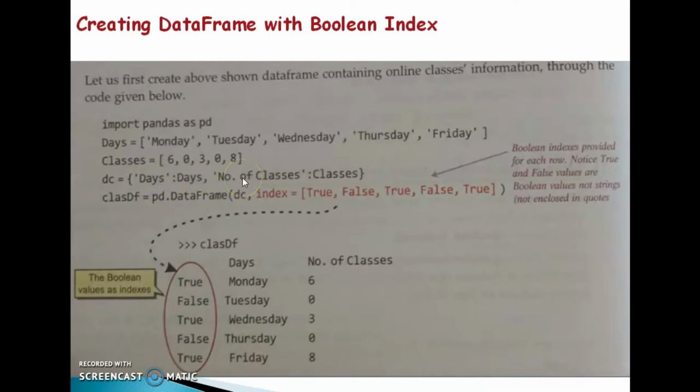Then another key, number of classes, value classes. Okay. Then class_df is equal to pd.DataFrame(dc, index=[True, False, True, False, True]). Boolean indexes provided for each row.